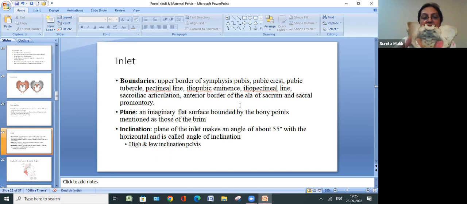It is 55 degrees, the angle of inclination. So think of it, this is the inclination angle.